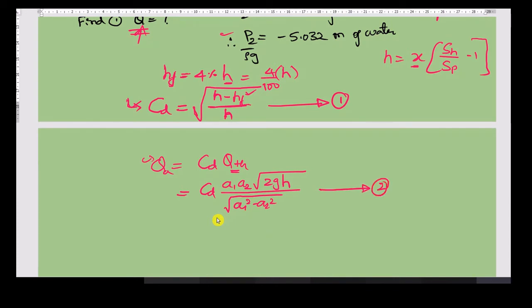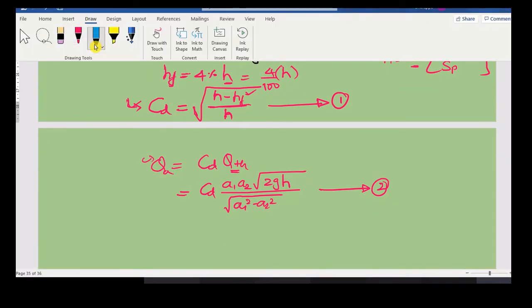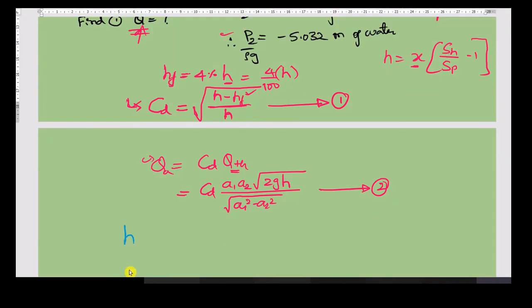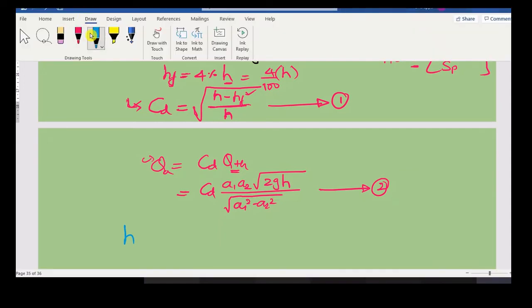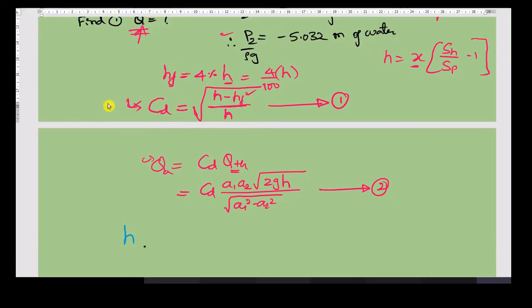So in equation number 1, we need to find the value of CD. CD depends on H and HF. Both values we need to find out. So for that reason, we go for calculating H. What is H? H is the difference in pressure head. That value H is equal to P1 by rho g minus P2 by rho g, because it is a horizontal venturimeter.